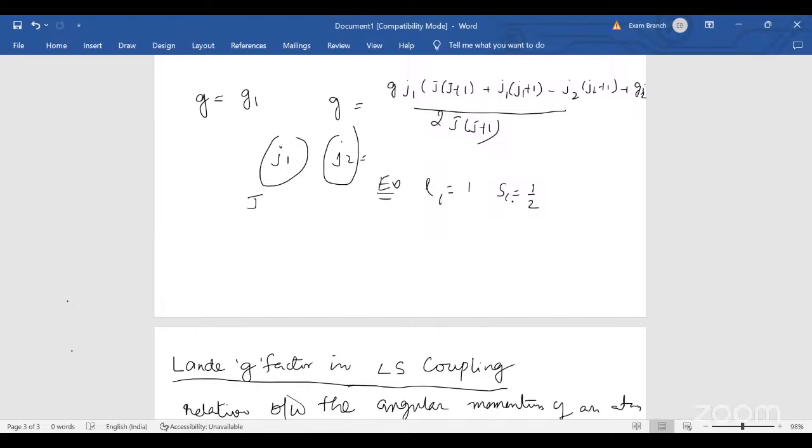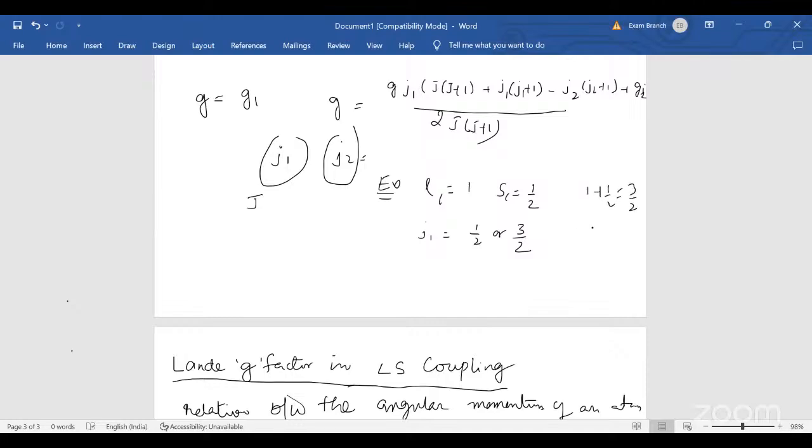So in this case, J1 you may get as either 1 by 2 or 3 by 2. You'll be getting two cases. J is a combination of these two. Suppose you have taken plus half, so you'll be getting 1 plus half, which will be 3 by 2.